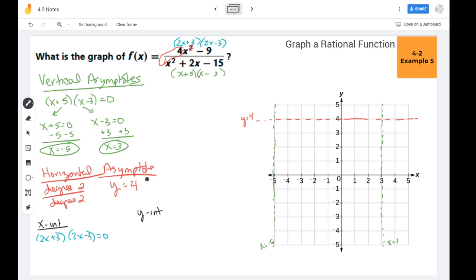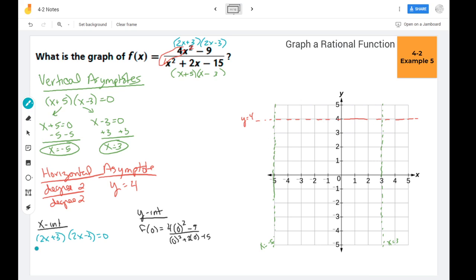It's probably faster if I do it into the unfactored form, but you do you. The reason why it's faster with this form is because the zeros cancel out. Alright, so that's where I'm going to start, and then I'm going to pick a few test points where I find it necessary to help me fill out the rest of this.